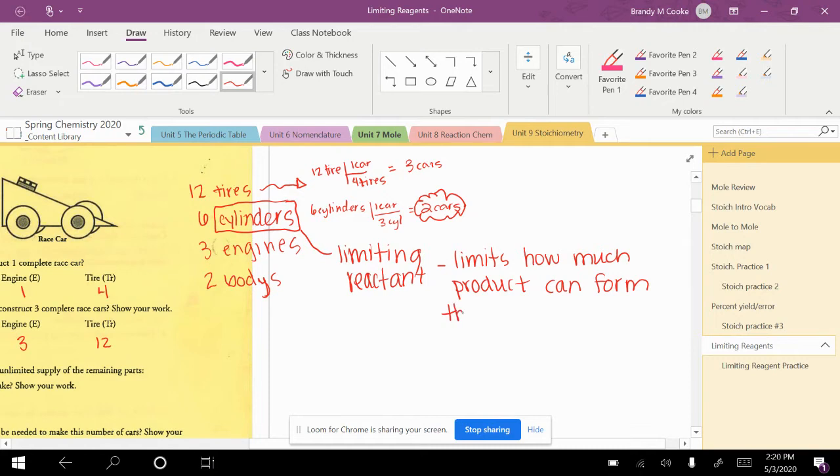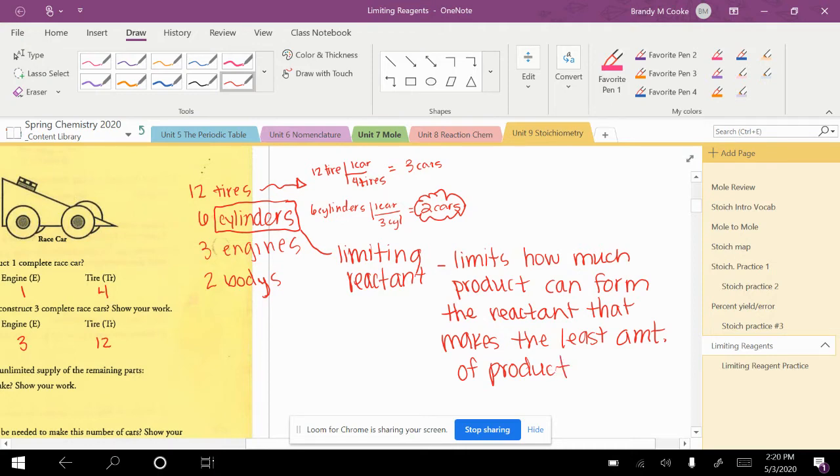So it's the reactant that makes the least amount of product. So again, it's the reactant that I start with that makes the lowest amount of product: limiting reactant.